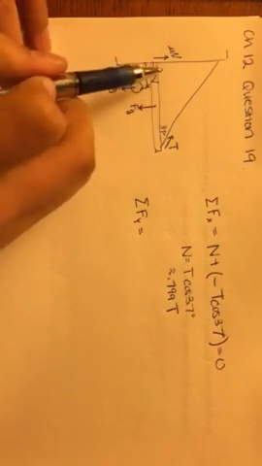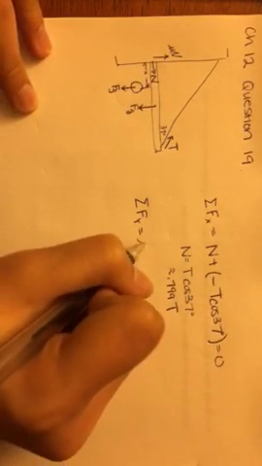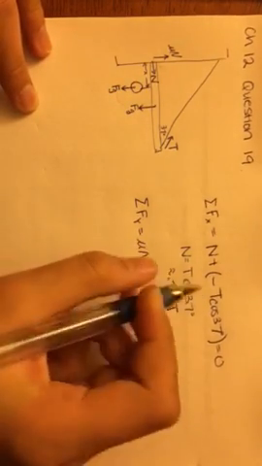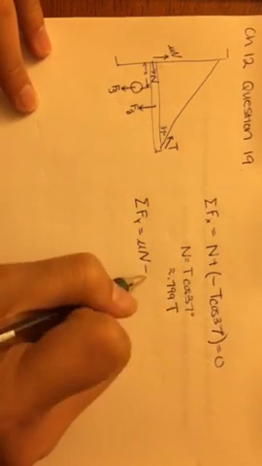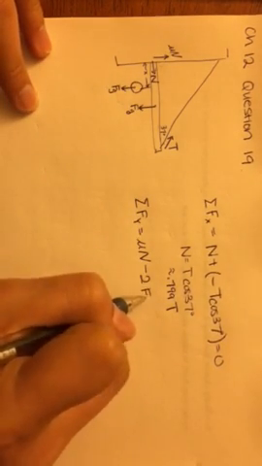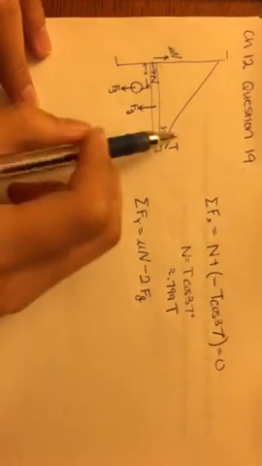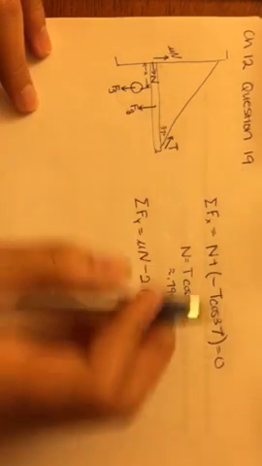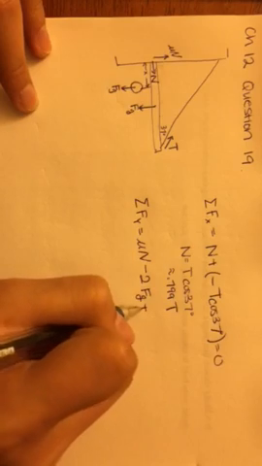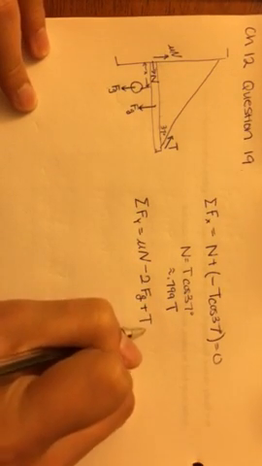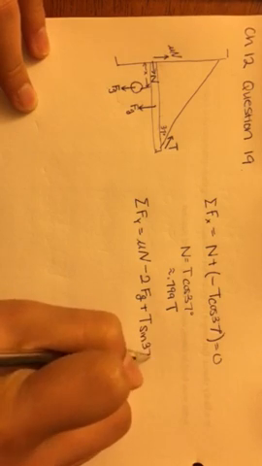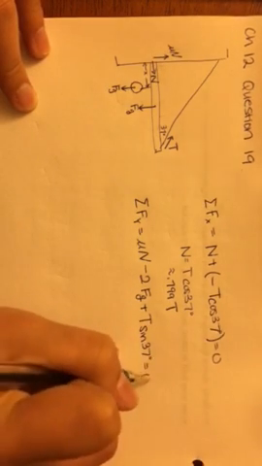Okay, now we move on to the sum of forces in the y direction. There is this frictional force here, mu N, minus, technically, because we're going down twice, 2 of the weight, plus an upward y component force from the tension of the string, which is T sine 37. And this would also equal 0.